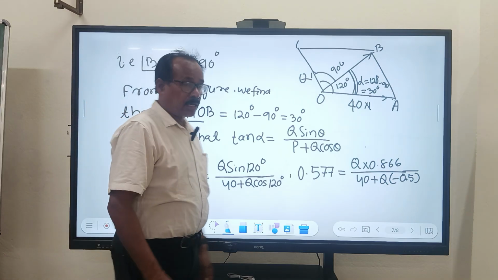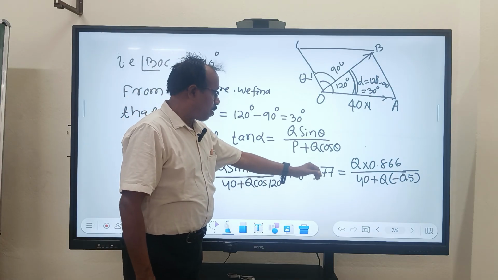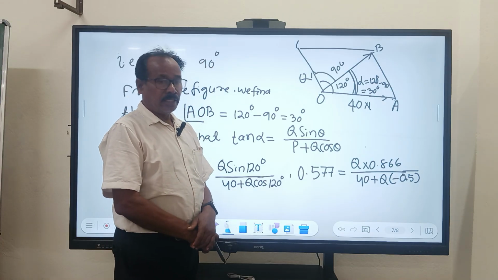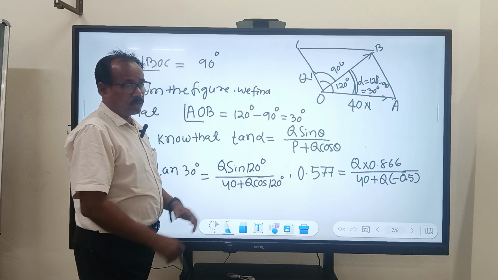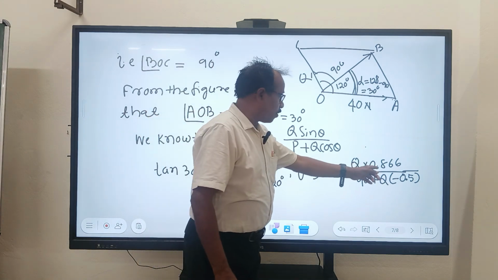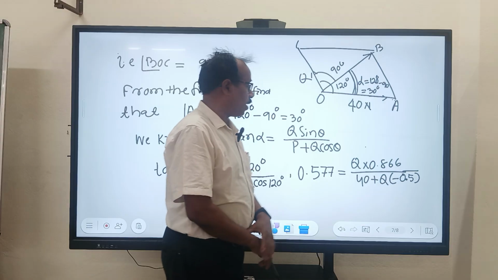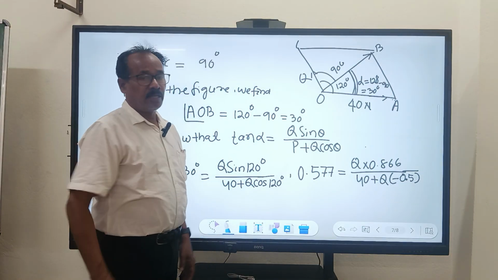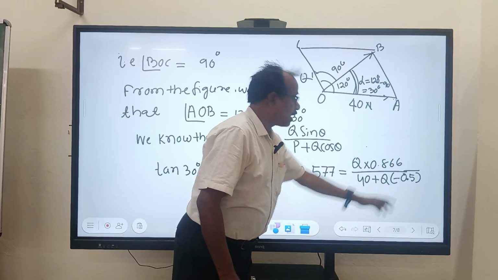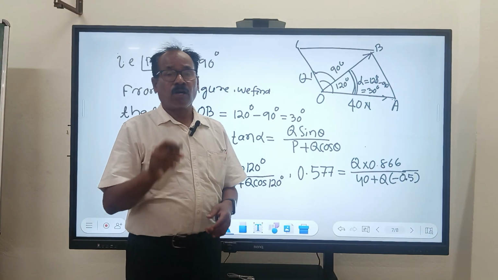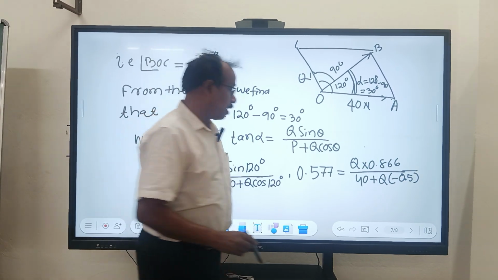From the calculator, tan 30 is equal to 0.577, and sin 120 is equal to 0.866. That is Q into 0.866 divided by 40 plus Q into minus 0.5, because cos 120 is equal to minus 0.5.